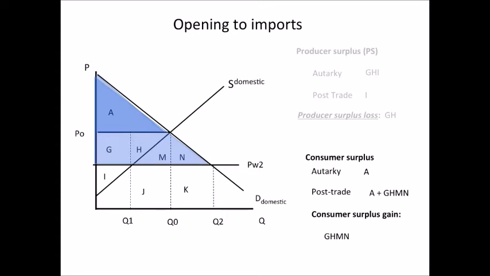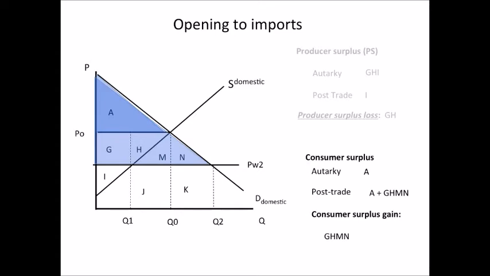And once again, these can be broken up into two parts. G, H, and M is the consumer surplus associated with domestic consumers who were purchasing the product before and now get it at a lower price. So Q0 consumers were buying this before, they continue to buy this, and they will have less money out of their pocket.